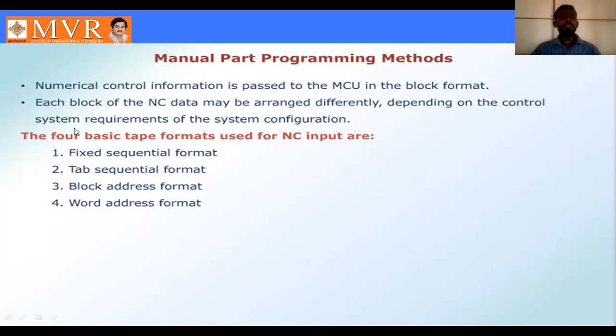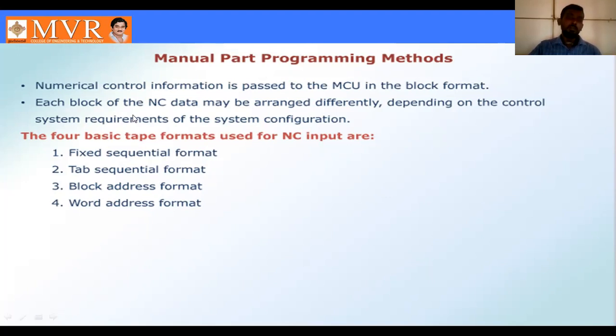The four basic tape formats used for NC inputs are: the first one is fixed sequential format, where fixed means there is no change. Next is tab sequential format, where we can arrange the data with tabs. Next is block address format. Next is word address format. We can use these for NC machines.